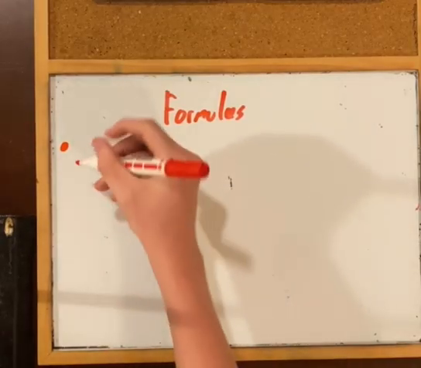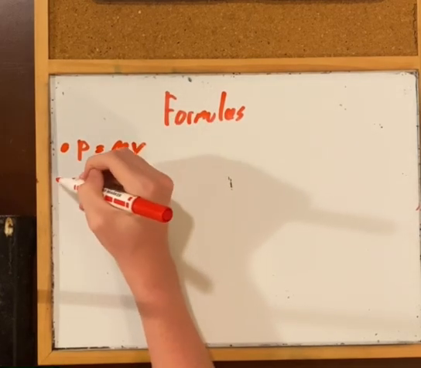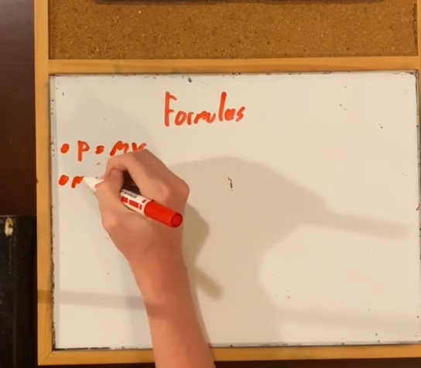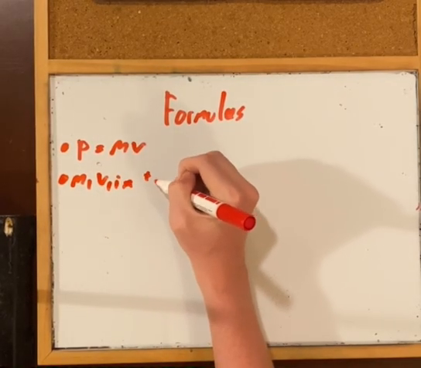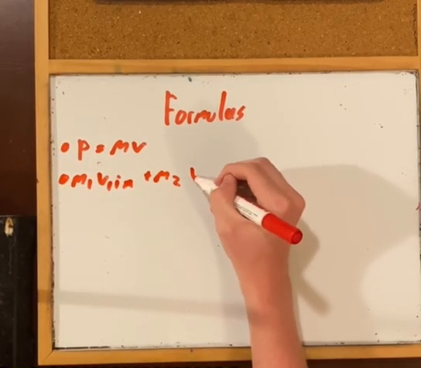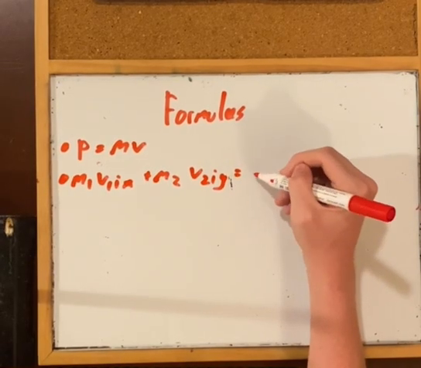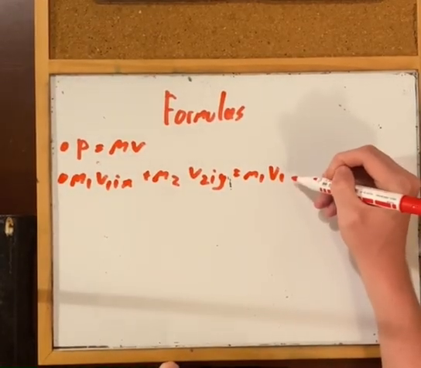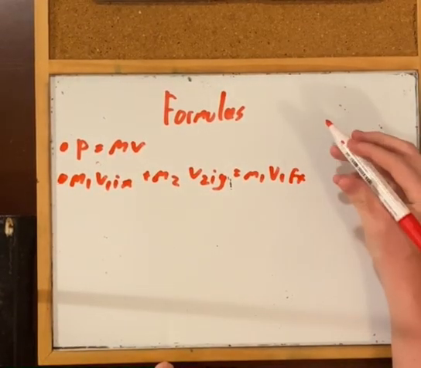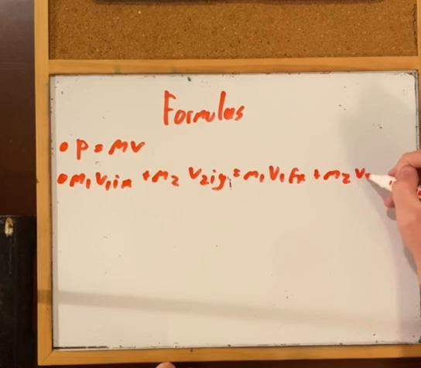So these are my formulas. Our first formula is p equals mv. This is our second formula: m1 v1 initial x plus mass 2 times v2 initial x equals m1 v1 final x plus mass 2 times velocity 2 final x.